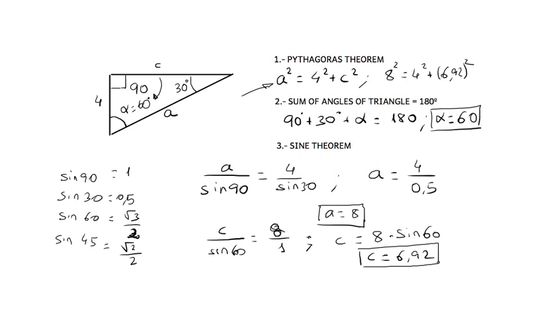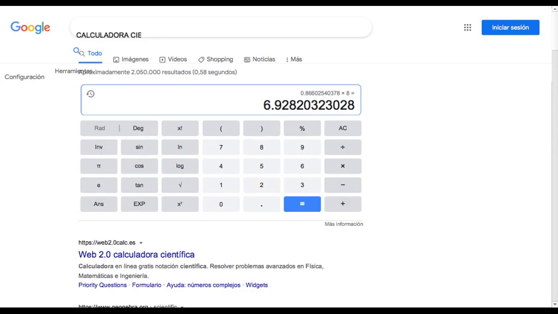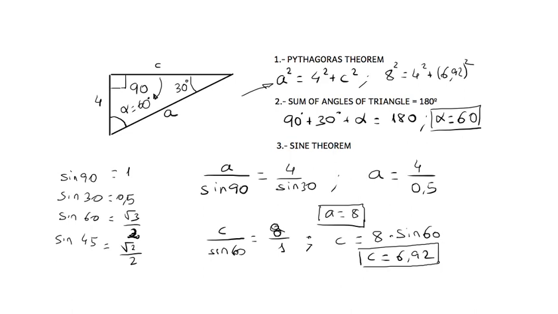So let's see, 6.92 squared is 48, yeah. So we have 64 equals 16 plus 48, which is correct, yeah. So everything is all right. Another example.